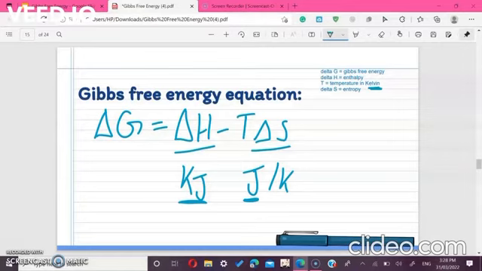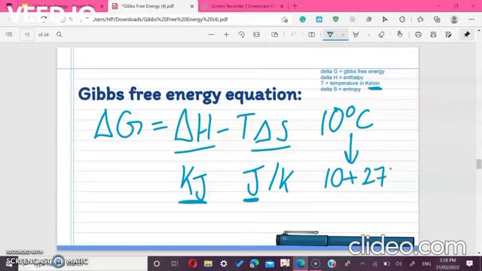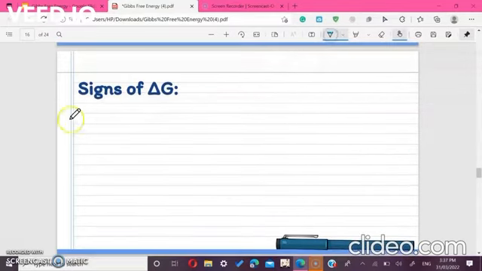So if, for example, the given was 10 degrees Celsius, you change that into Kelvin by adding 273. So 10 plus 273 will give us 283 Kelvin.